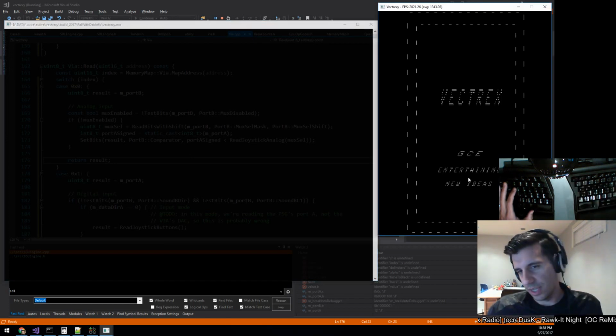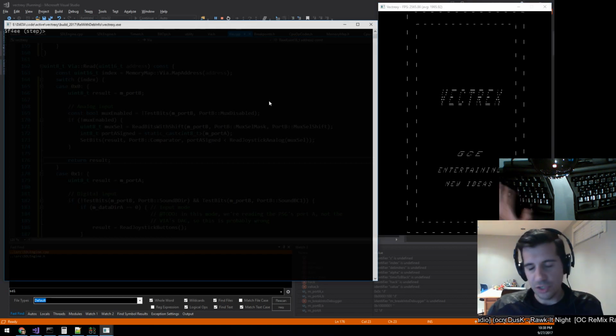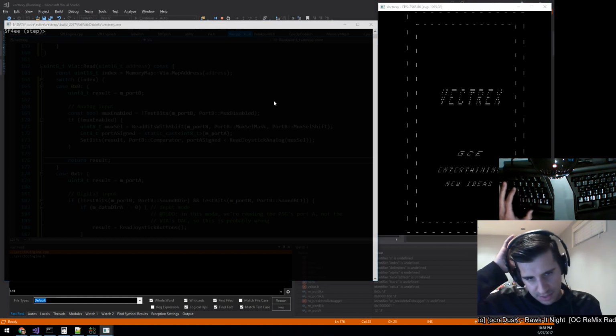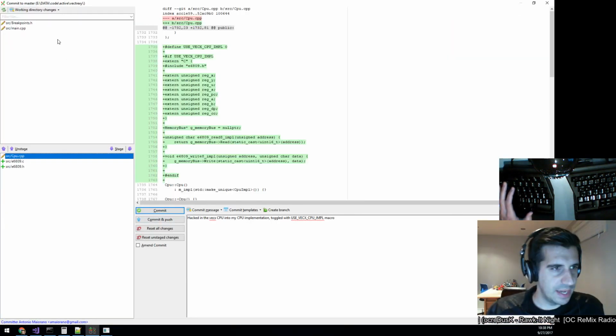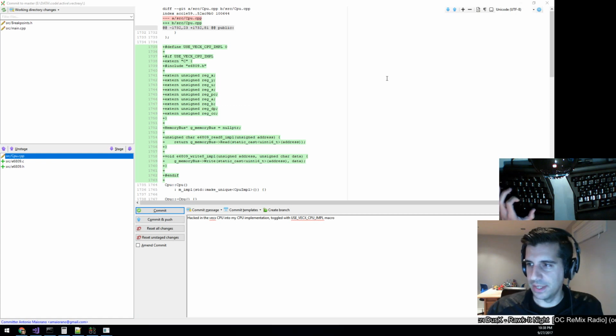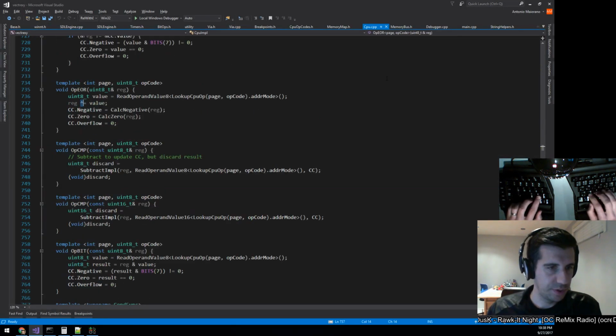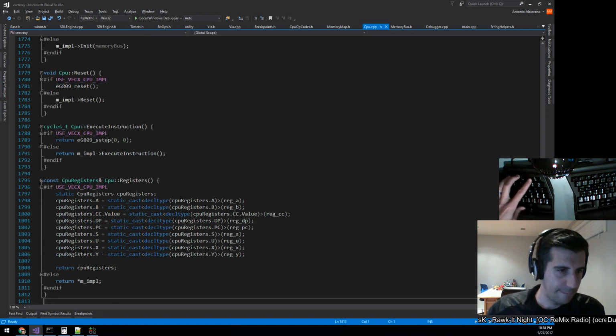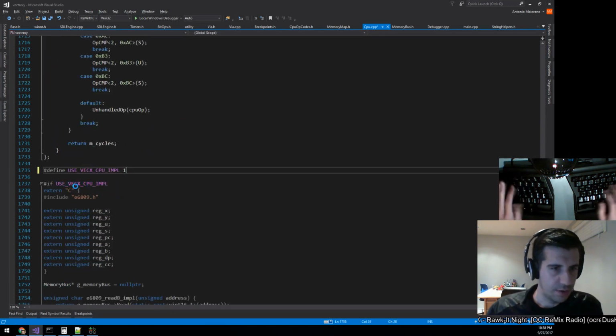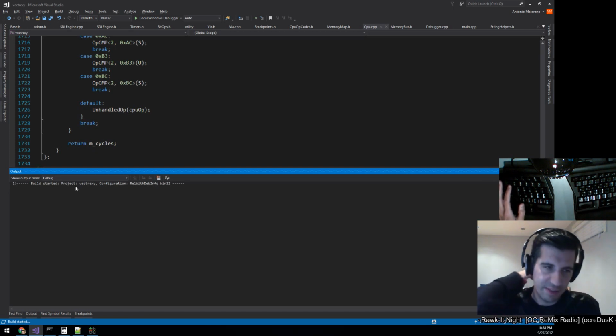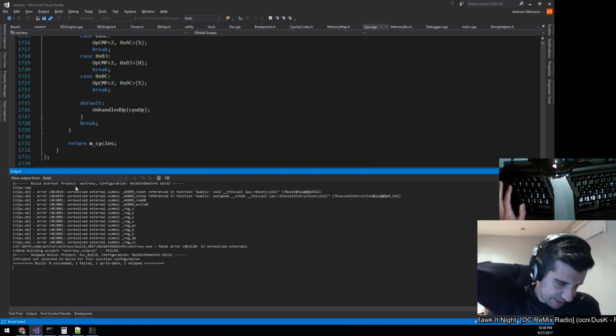Okay, so that's interesting because I still have the slanted font, and actually let me just make sure that it's enabled. No, okay, it's not enabled. Alright, so that makes more sense. Let me go see here. CPU. Right, I gotta set it to 1. I should probably have saved that in my commit.